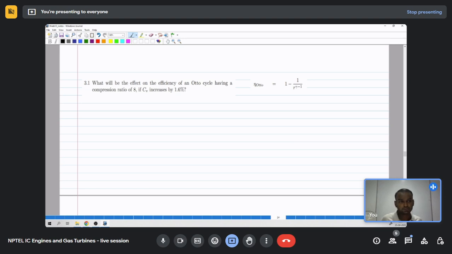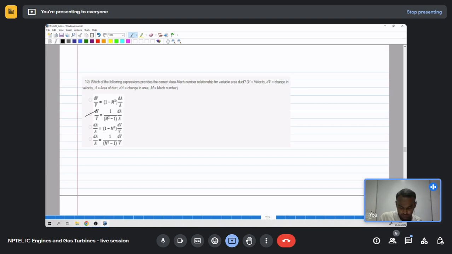Okay, next I have few problems on IC engines. If you have any questions related to this topic, you can ask, or I can move on to problems with IC engines.